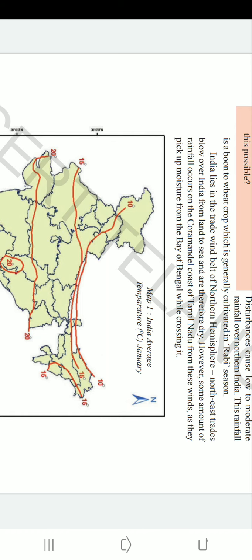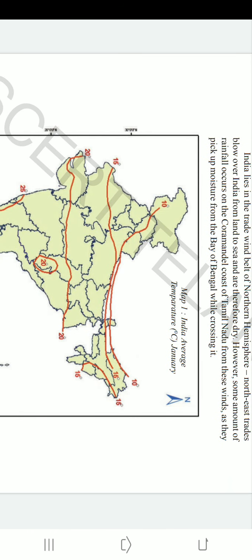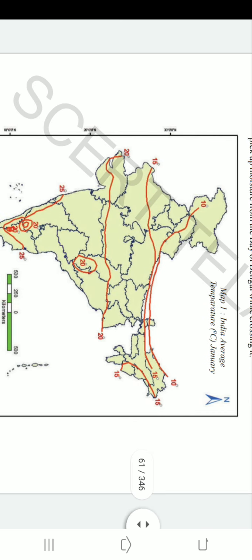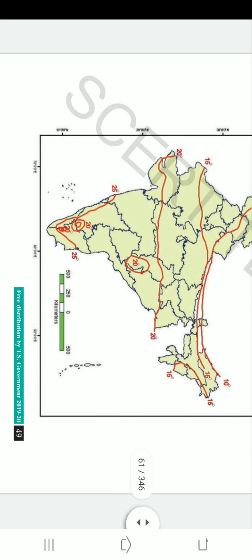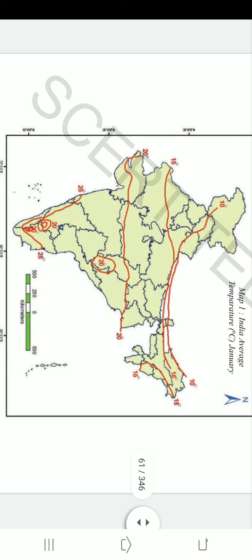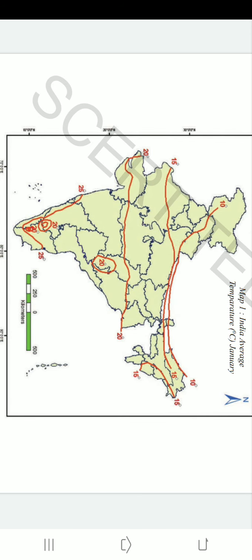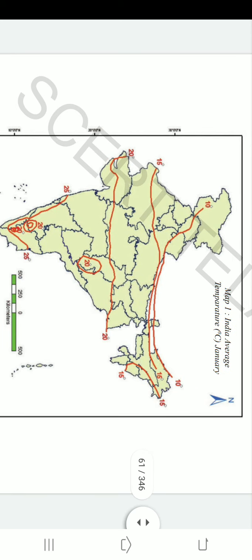India lies in the northern hemisphere, especially under the northeast trade winds. In the winter season, winds blow from land to sea, from North India to the Indian Ocean, and therefore they are dry, as they do not carry much moisture.